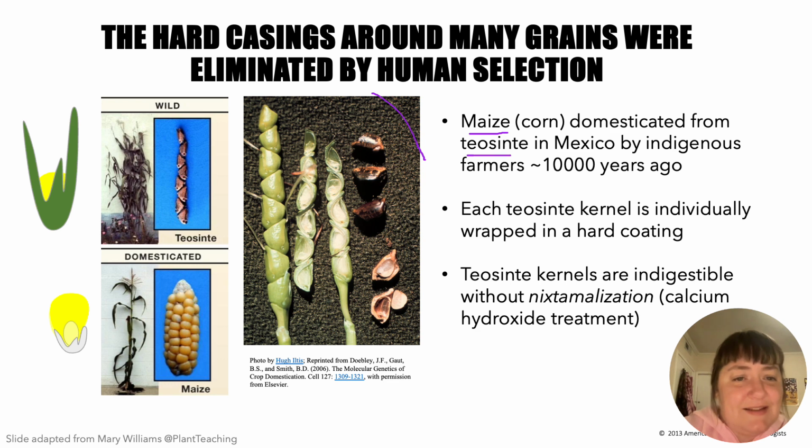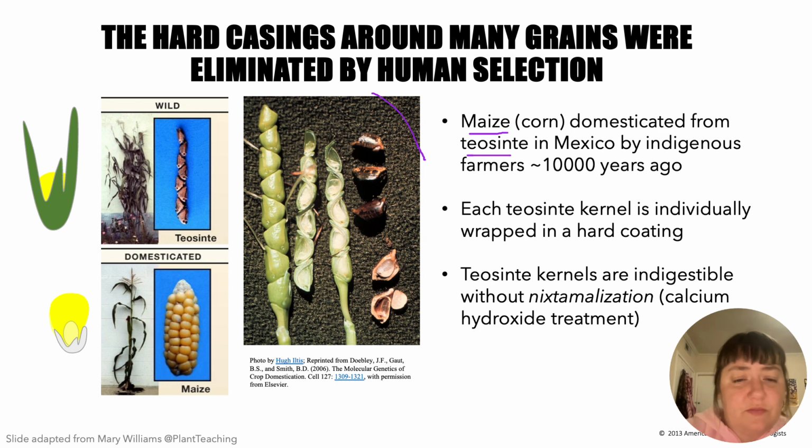And teosinte is kind of edible with some work. Each kernel is individually wrapped in a hard coating, so they had to be individually peeled. And each kernel is a lot smaller than a kernel of corn even. So it's a lot of work for not that much reward. And also teosinte kernels are pretty much indigestible by humans on their own.